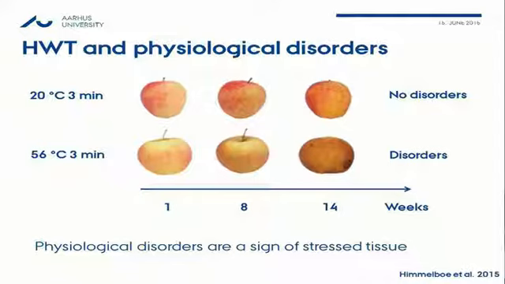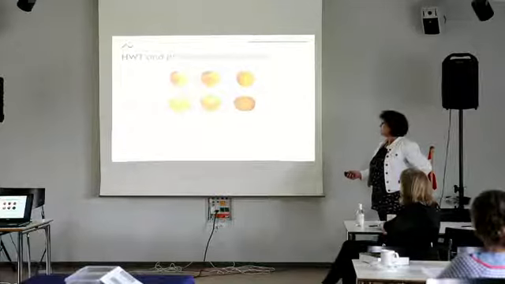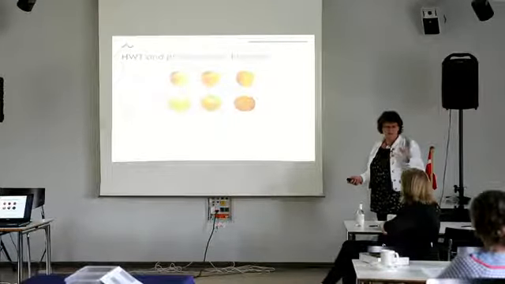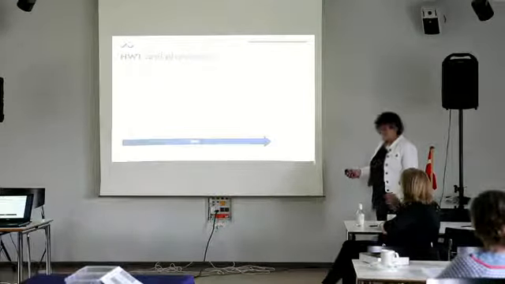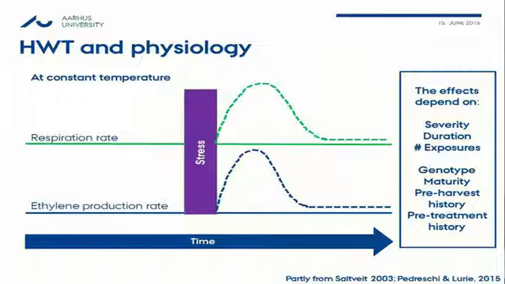And what happens inside the apple when we stress it? I would say the same as with us. When we are very calm, our pulse is on the same level. The pulse of the apple, the respiration rate, is also at the same level, and the ethylene production rate is very flat, not much variation.